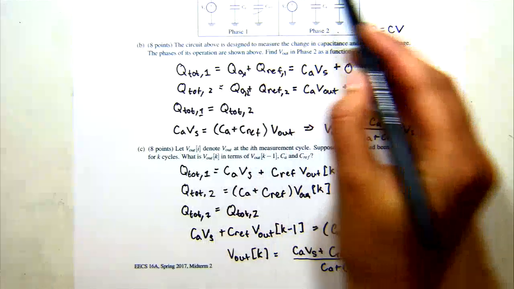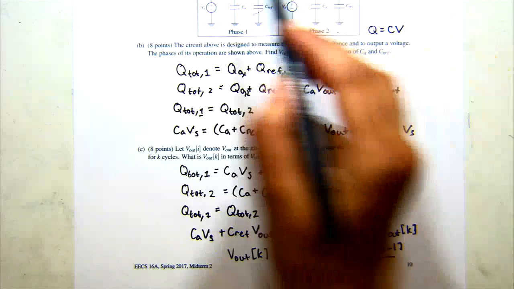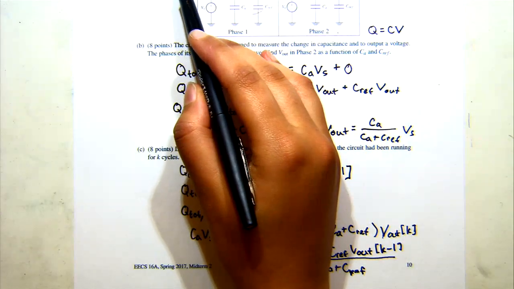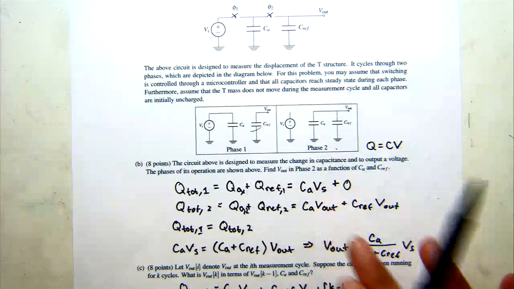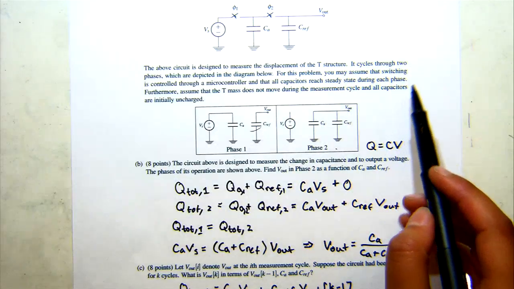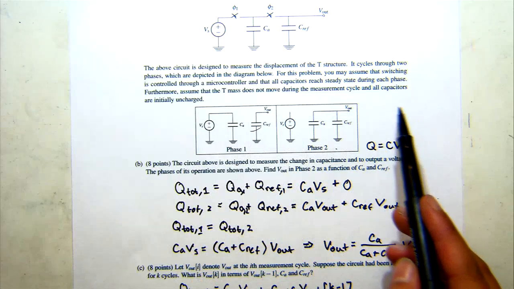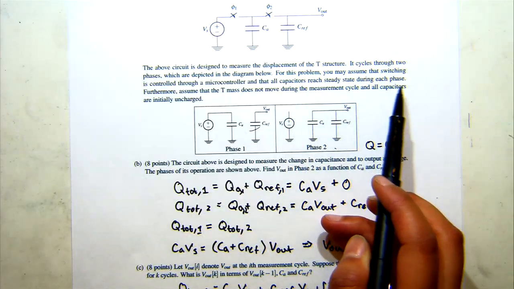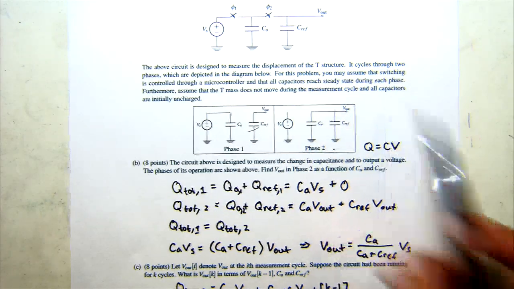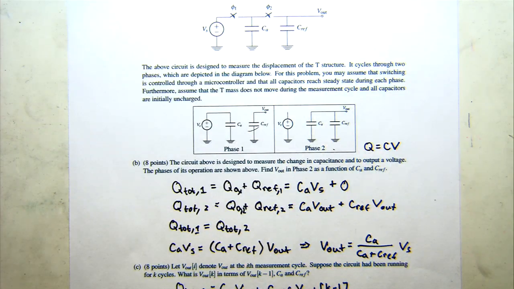Let me look for where it says this. It says it cycles through these 2 phases, right? It says up here. Sorry, I see that's off the screen. And so it says it pretty much cycles through these 2 phases and the switching, and we're saying that all capacitors reach steady state during each phase, right? And so when we're measuring it, it's achieved steady state.